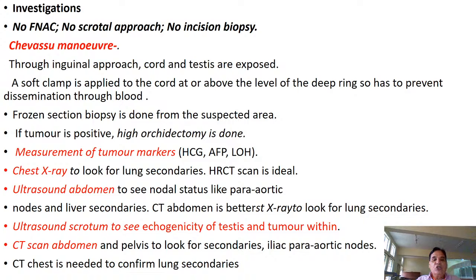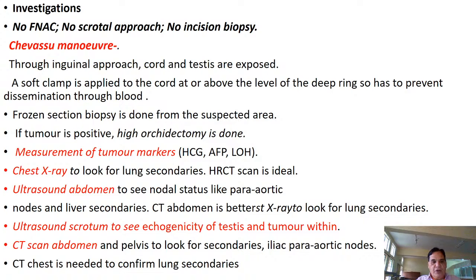What does it say? Through an inguinal approach, testes and cord are exposed. Apply a soft clamp to the cord at the deep ring so that you prevent dissemination through blood. Frozen section biopsy is done from a suspected area, and if it is positive, we should be prepared for high orchidectomy.